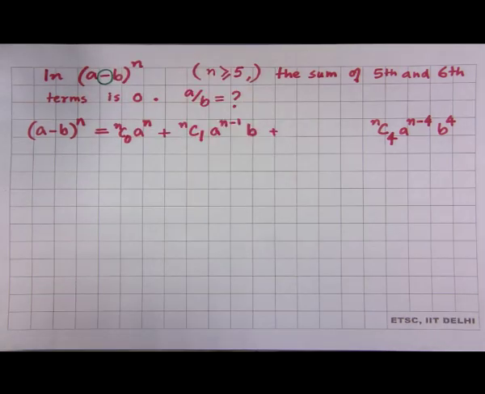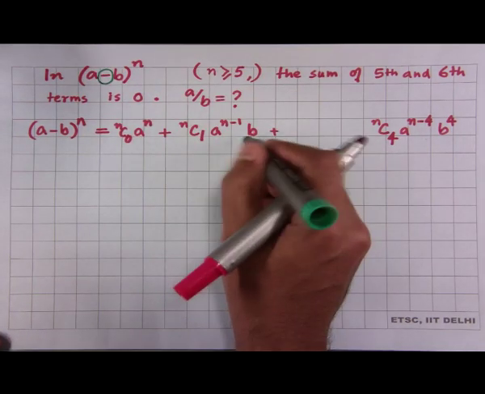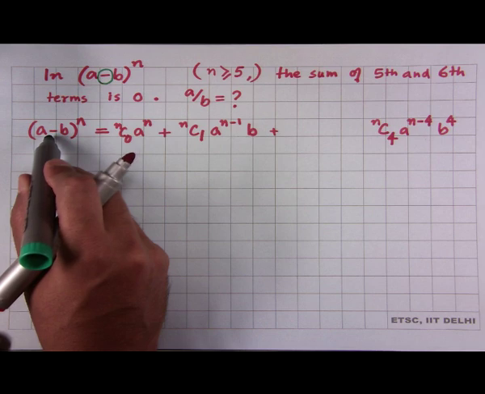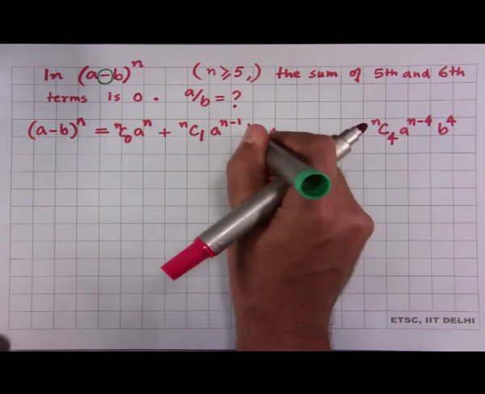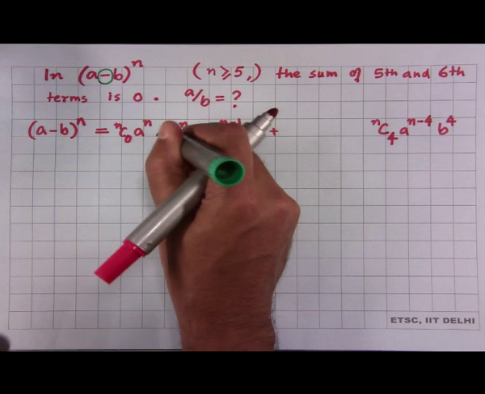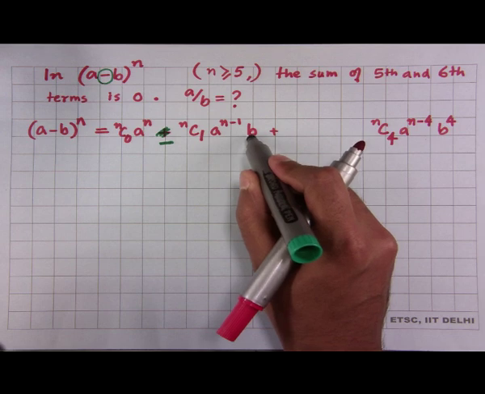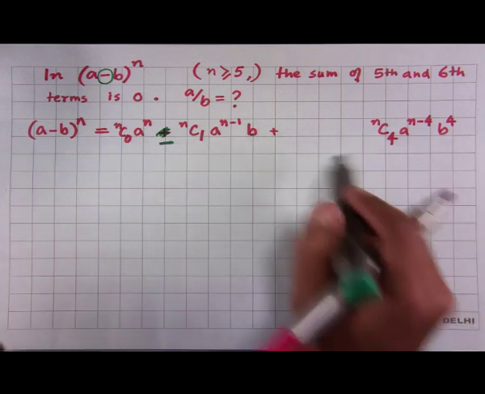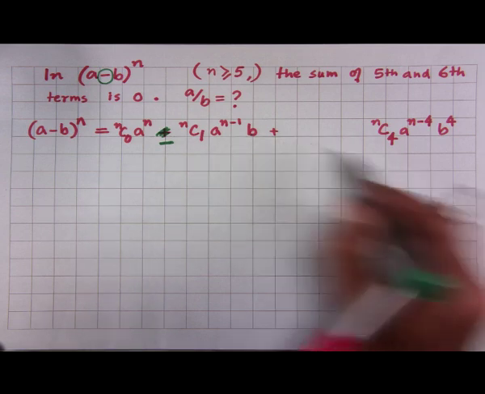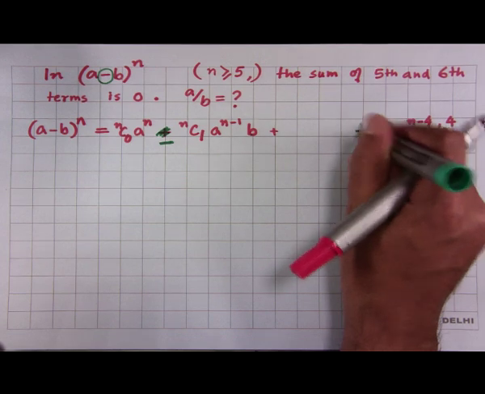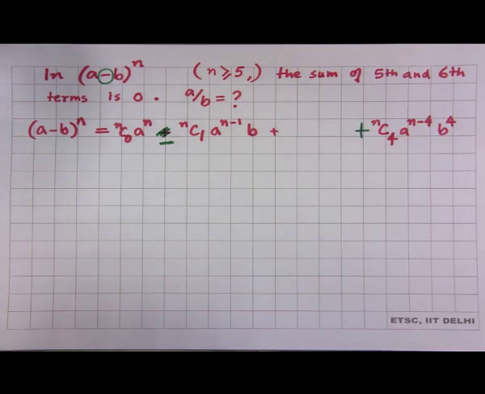I forgot the minus. So, you are not doing a plus b, you are doing a plus minus b. So, this b comes with a minus. If I just have b, it comes with a minus, b squared comes with a plus, b cubed comes with a minus, b power 4 has a plus in front, and then b power 5 is the sixth term.